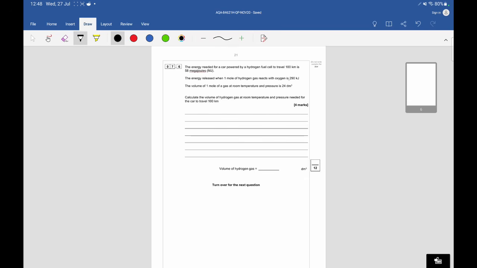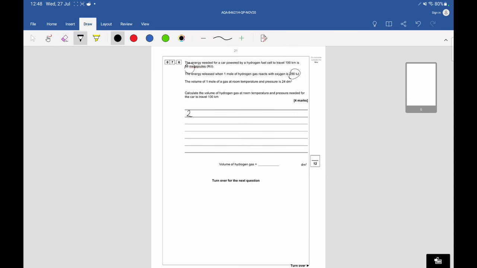So we need to work out how many times 290 kilojoules goes into 58 megajoules. First of all, we need to turn kilojoules into megajoules. There is 1,000,000 joules in a megajoule and 1,000 joules in a kilojoule. So we're going to divide our kilojoules by 1,000, and we know that we have 0.29 megajoules.